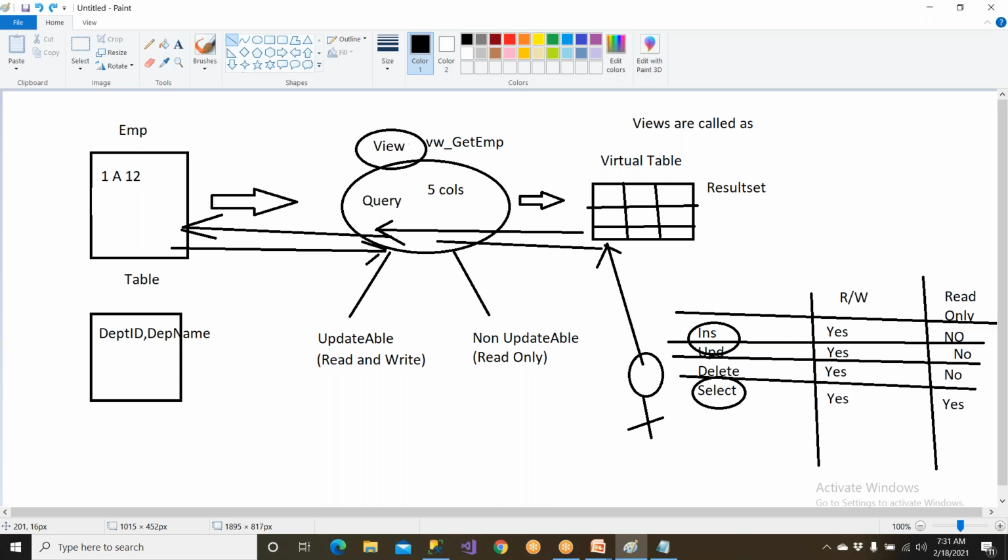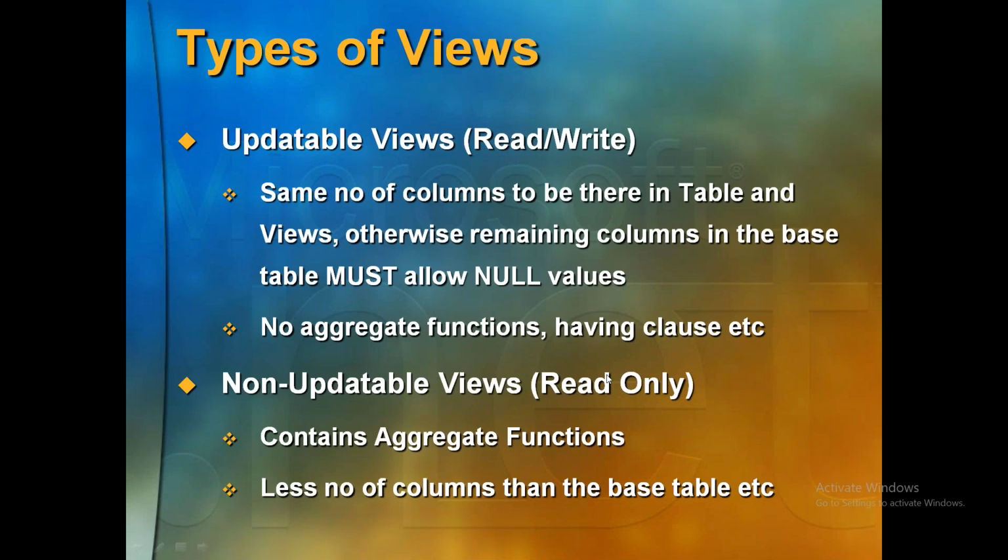The communication happens using views, stored procedures, and functions only. The end user applications cannot go to the employee table or account master table directly, because it is a threat when you go directly to the tables. Clear, guys? This is the advantage of this.